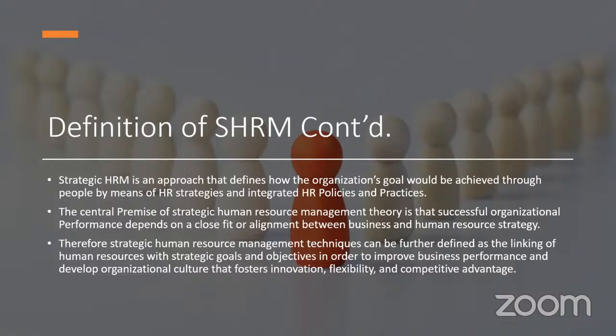Now, vertical fit simply talks more of how HR strategies align with business strategies to deliver business results, right? That's the vertical fit, the HR strategies versus business strategies. Then the horizontal fit talks about how HR strategies are integrated among themselves, aligned among themselves to be able to deliver HR results, expected HR outcomes.